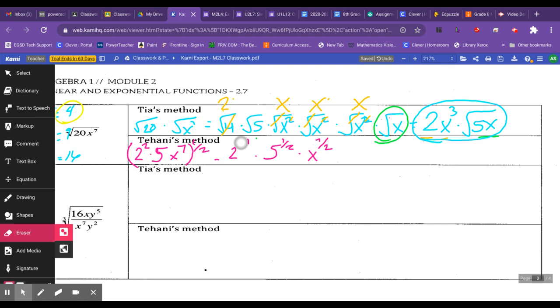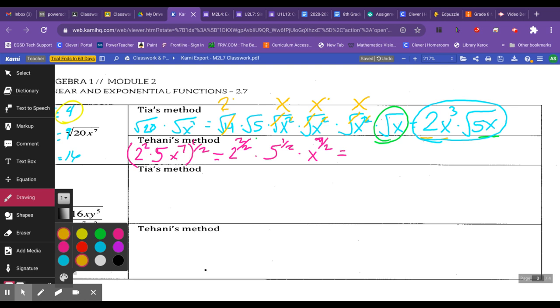2 halves, because 2 squared times a half is 2 2s, 2 halves. And so now I've got all these guys written out there. So what can I simplify?